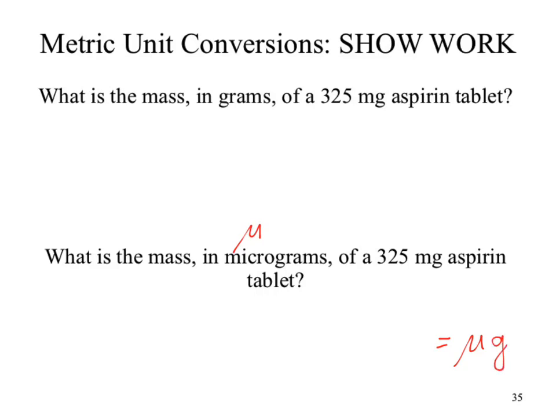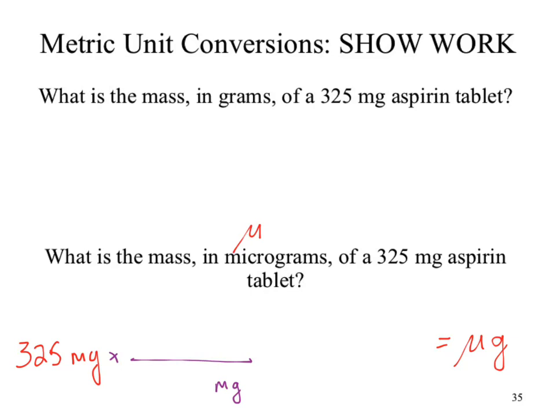G. What am I given to start with? 325 milligrams. Exact same process, nothing changes. I now multiply my conversion factor in here. I want the milligram unit in the denominator.